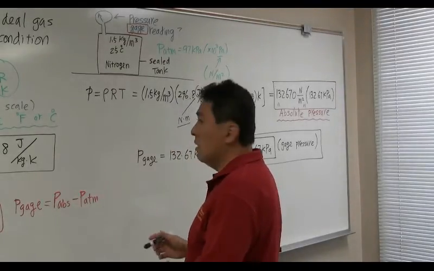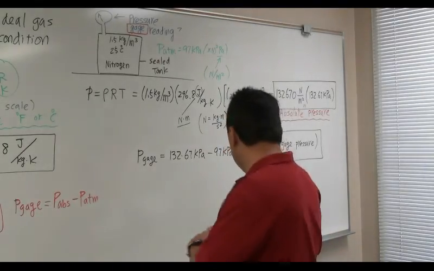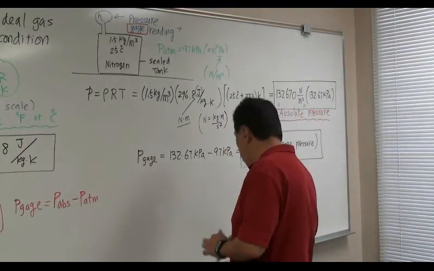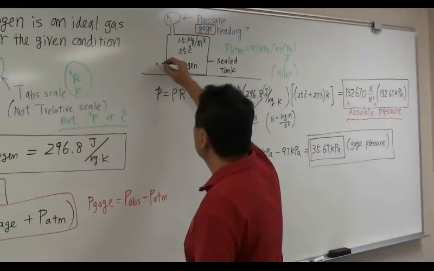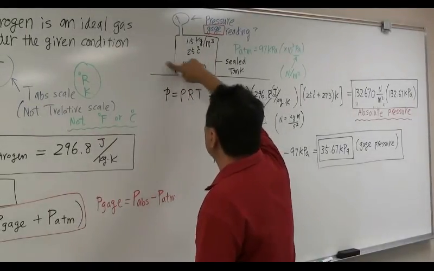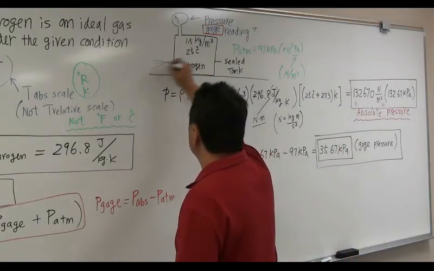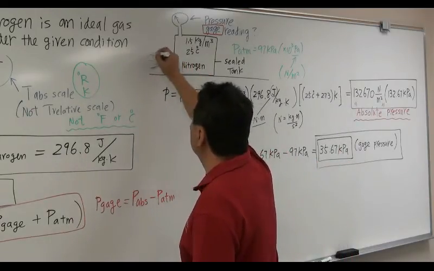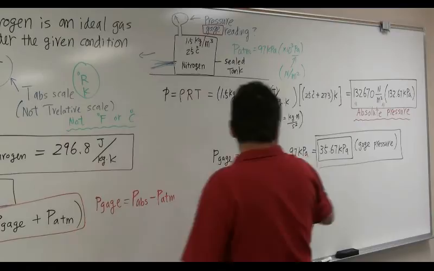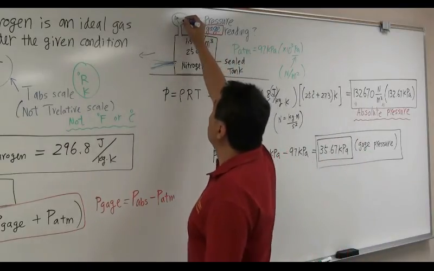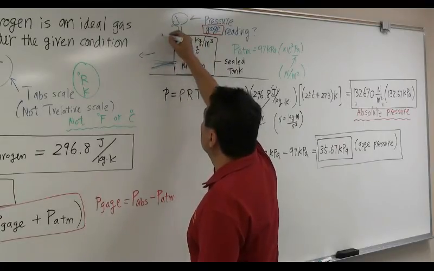Now, there are a few important things from this example. Let's imagine you pick up a drill and make a hole in this tank. What happens is, of course, the nitrogen escapes from the tank. Then gradually this 35.67 kilopascal is going to drop down to 0.